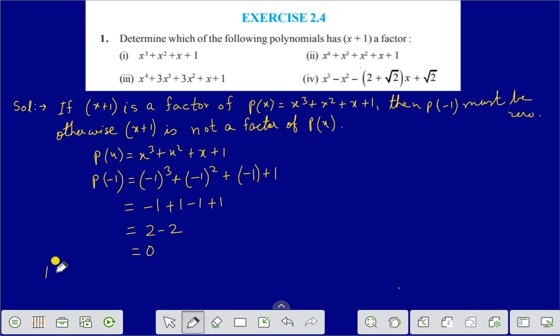Hence x plus 1 is a factor of p(x). Hence x plus 1 is a factor of the polynomial.